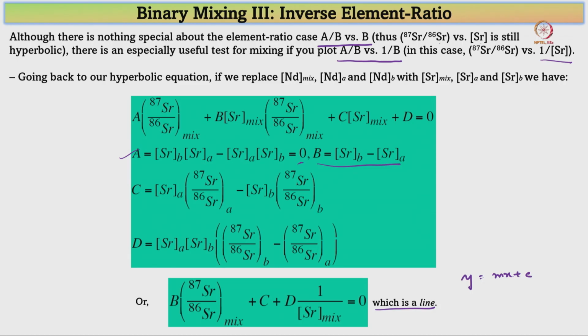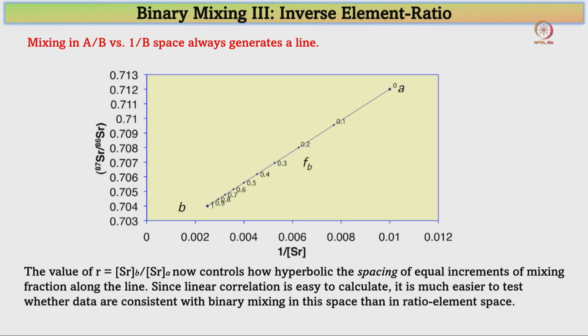When I plot it on the graph, given this is my y axis and this is my x axis, I will see that now it falls on a line. The mixing shows me the line and the end members will always sit far from that line, and this is how the mixing will look.